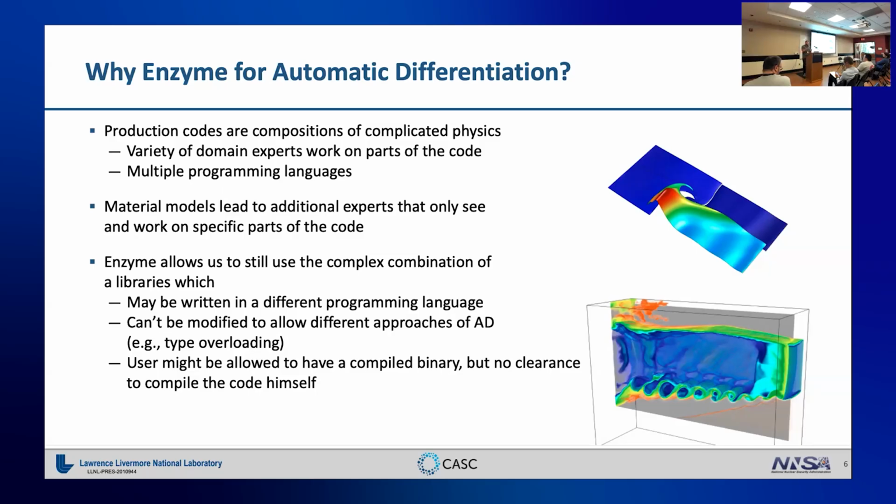And the Enzyme LLVM plugin allows us to use this complex combination of libraries that may be written in different programming languages, and might not be able to be modified by certain people.